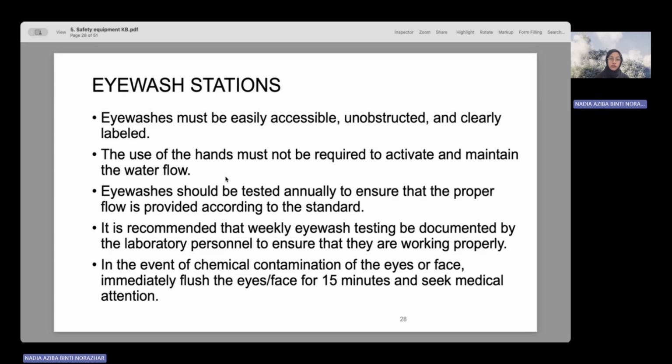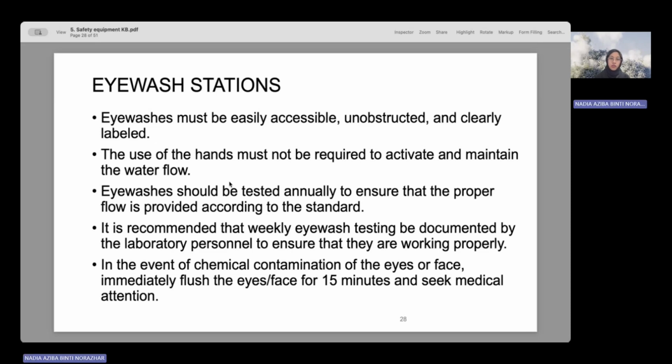So with the eyes, for example, they could not see their direction properly, or maybe the chemicals came in contact with the hands, so they could not use the hands properly. That's why it should not be required to use hands to activate and maintain the water flow.